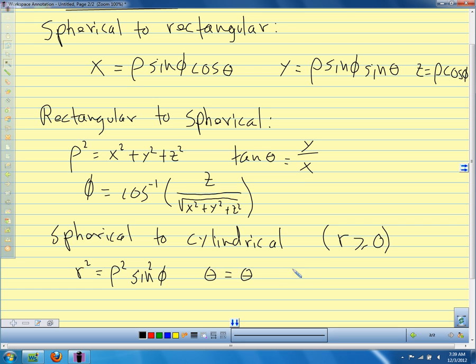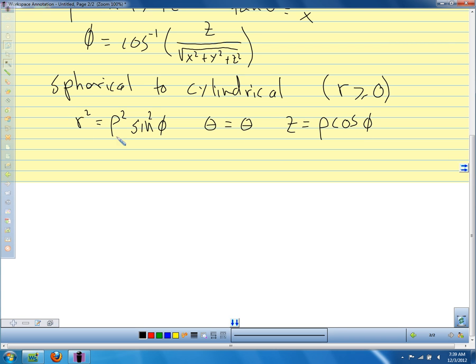And z is just like our rectangular, rho cosine phi. And this we could equivalently write as r equals rho sine phi.